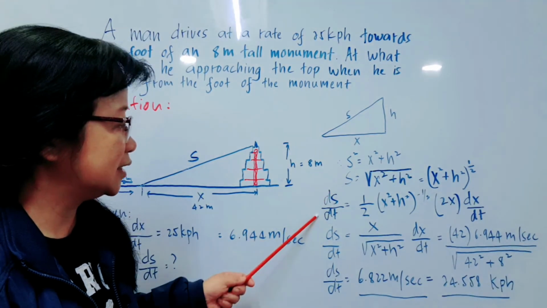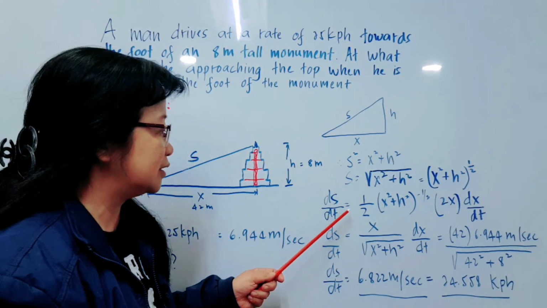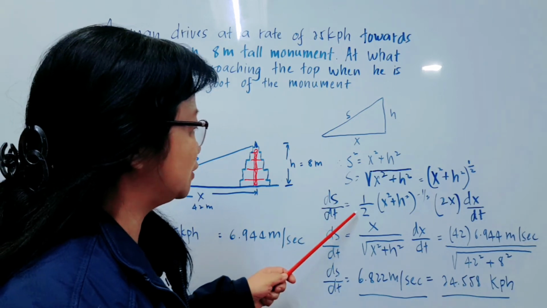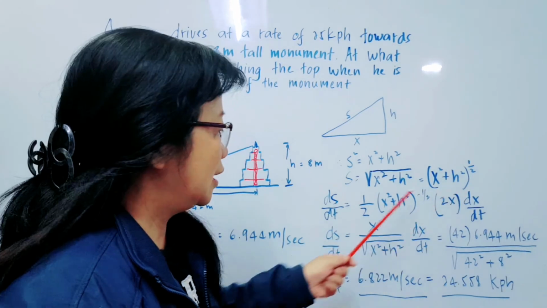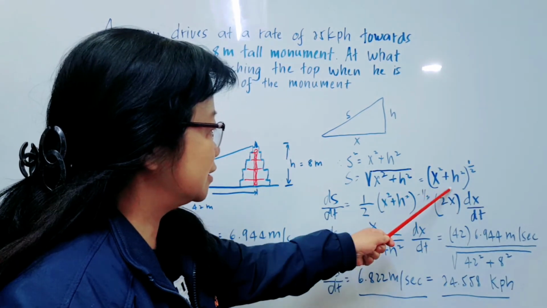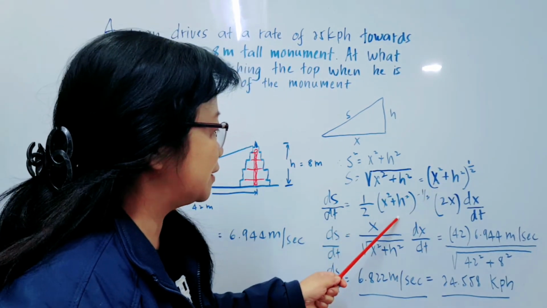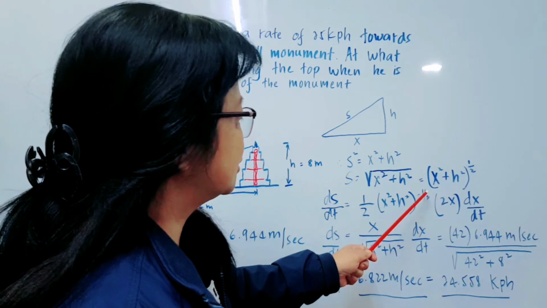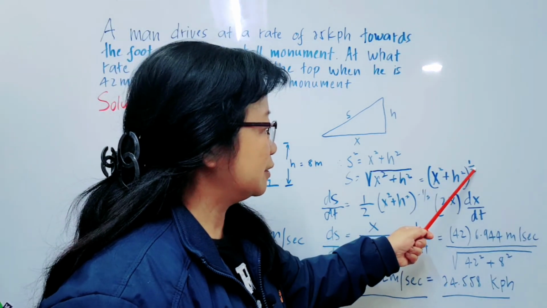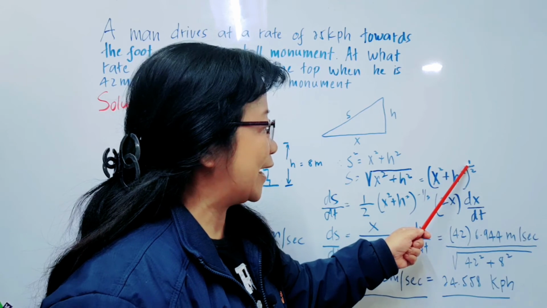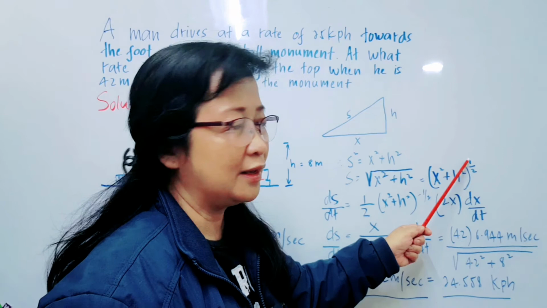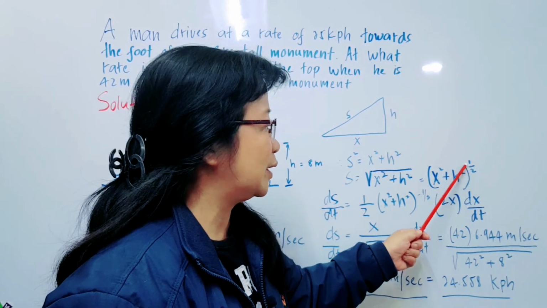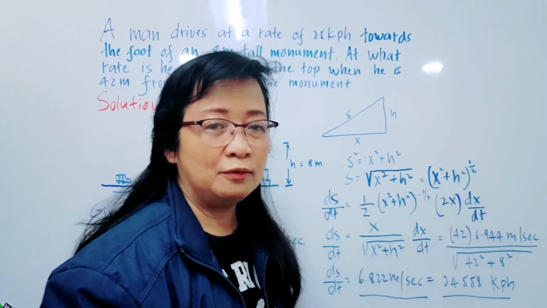So ds dt is equal to 1/2, using the power rule, times x squared plus h squared raised to the power 1/2 minus 1. 1/2 minus 1 will be minus 1/2.